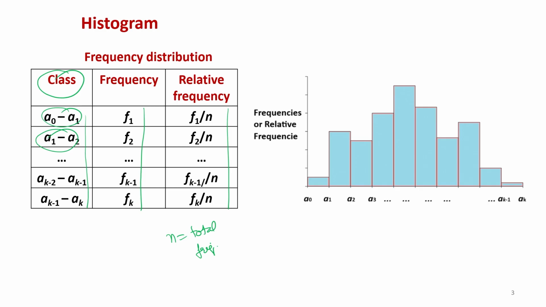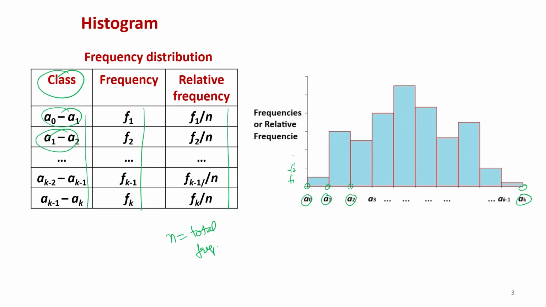Now we try to create a diagram from this data. First we create these class intervals. For example, you can see here it is A0, then I create here A1, then here A2 and so on, up to Ak. Now on the y-axis I put the values F1, F2 and so on. These are the frequencies or relative frequencies, whatever you want to give.